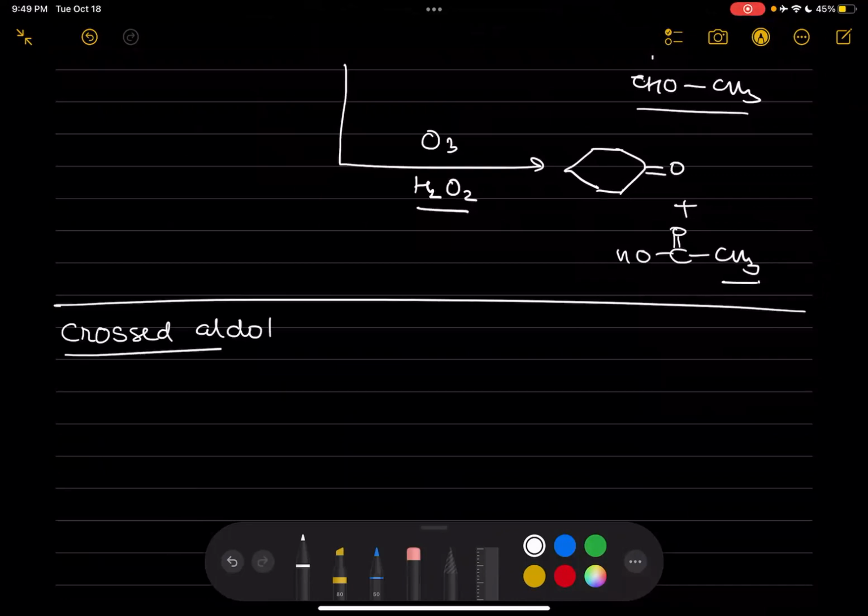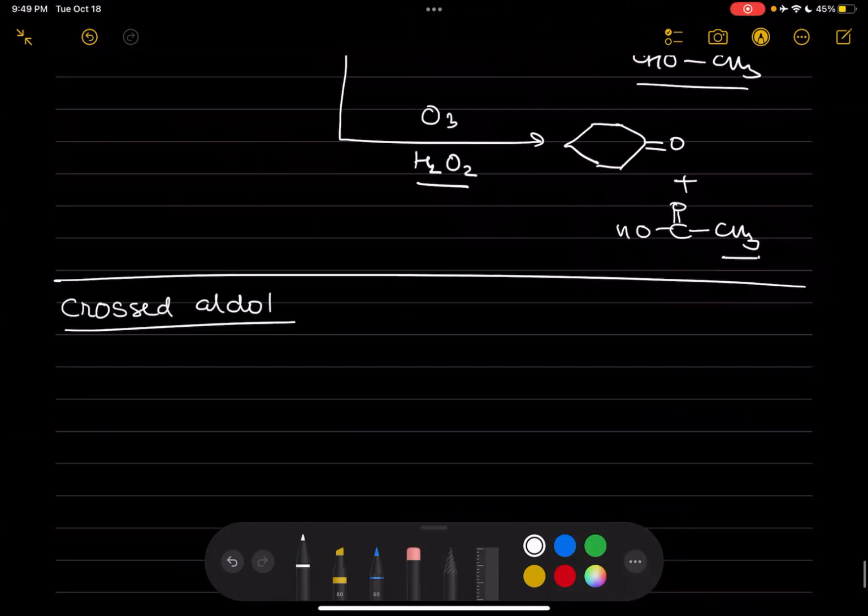So in your CBSE, what all chapters covered? We have finished chemical kinetics. We're doing electrochemistry now. Okay. Good.